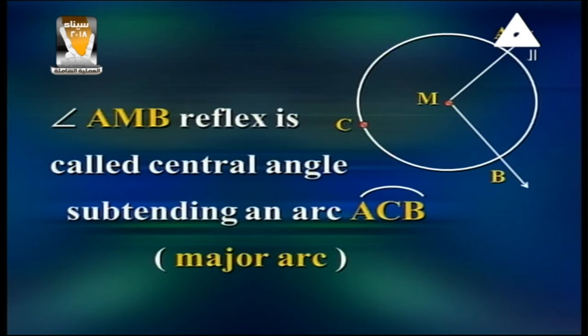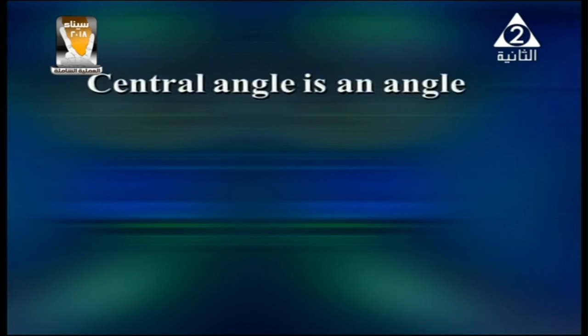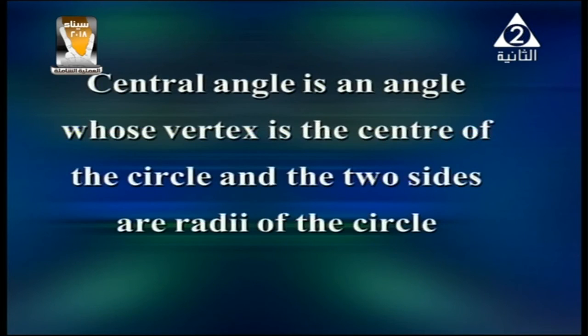AMB reflex is called central angle subtending an arc ACB, which is the major arc. So central angle is an angle whose vertex is the center of the circle and the two sides are radii of the circle.